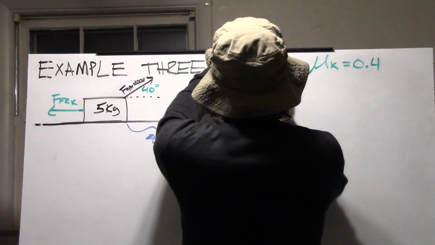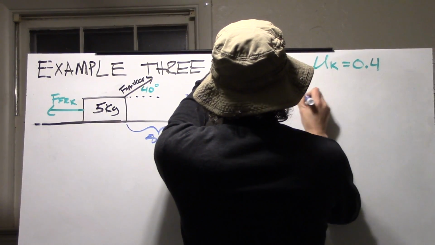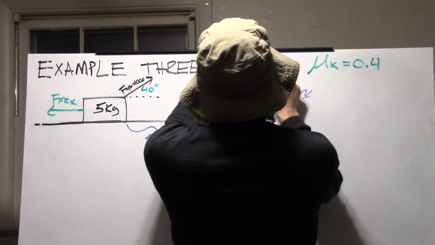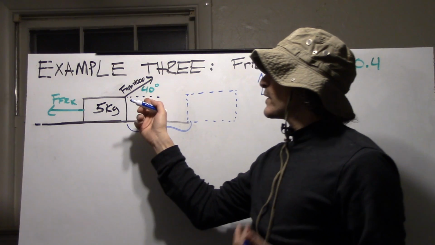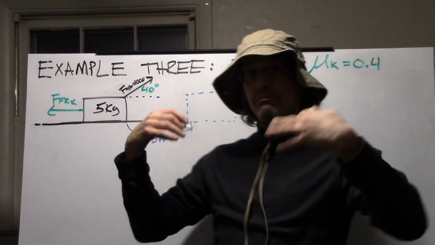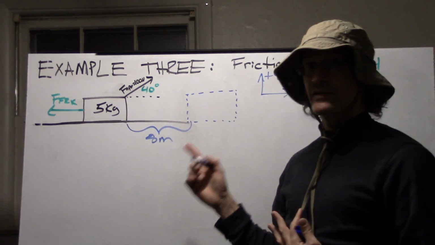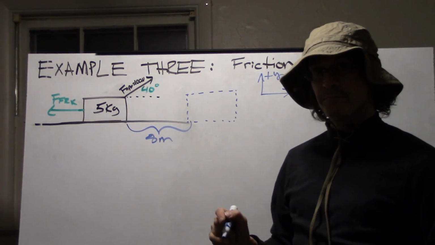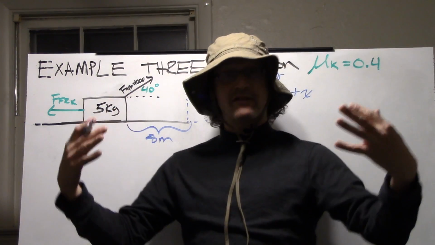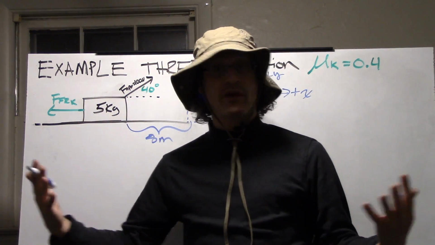So once we establish our coordinate system, the same one as before, positive x, positive y, in the positive x direction, in the direction of displacement, this force applied shall do positive work on this crate. Friction, because it's pointing in the opposite direction of this displacement, is actually going to do negative work. Work can have a negative value.